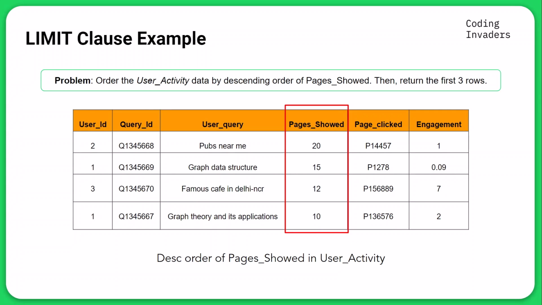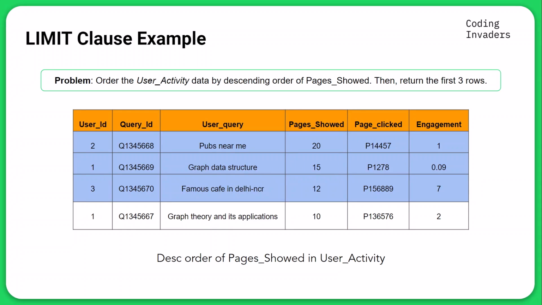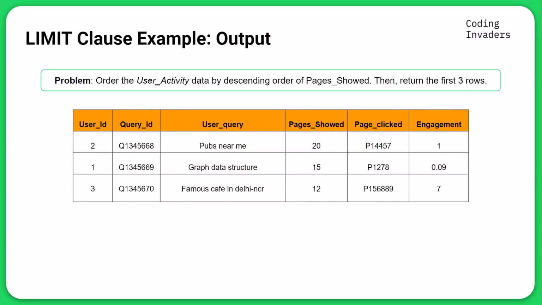The largest value of pages showed is 20, followed by 15, then 12, and finally 10. Finally, our output should only consist of the first 3 rows of the ordered data. Therefore, this is our final output. Can you figure out the code for this? Pause and write the code, then we will go over the code snippet together.